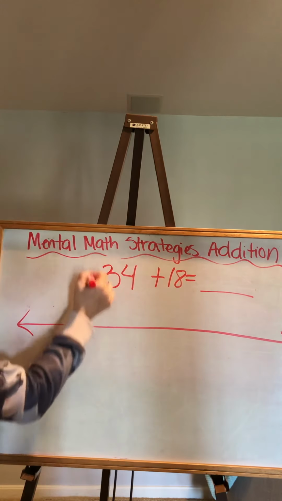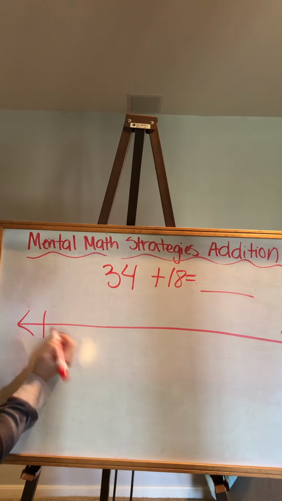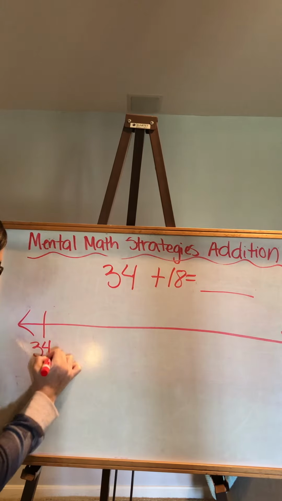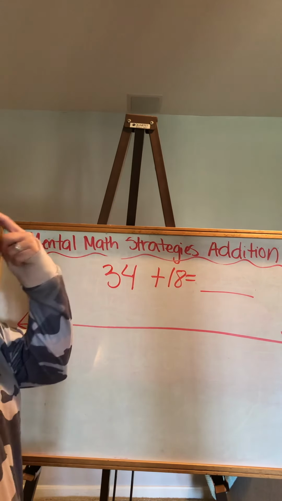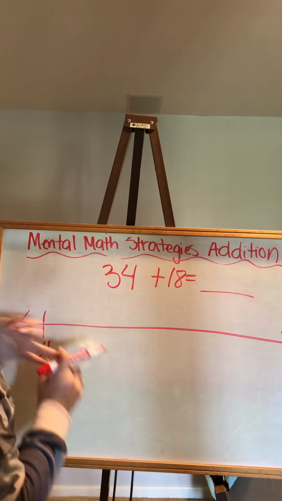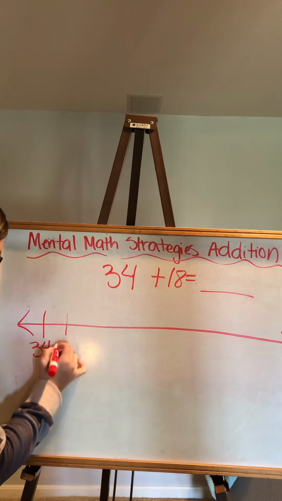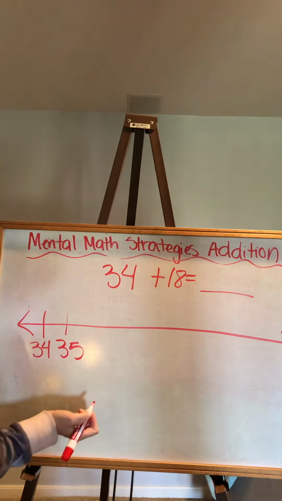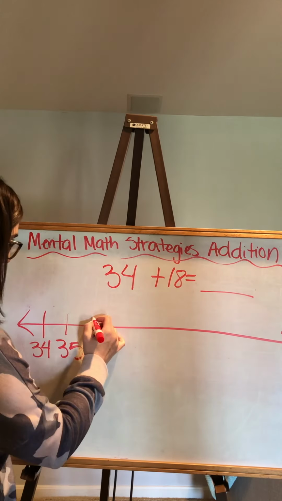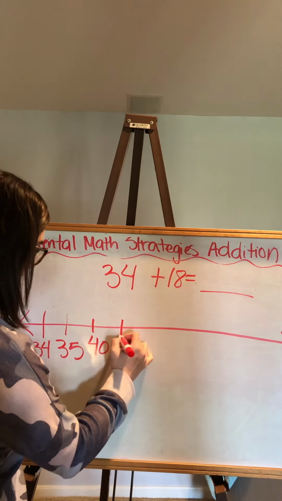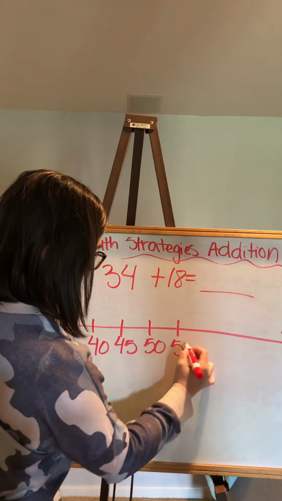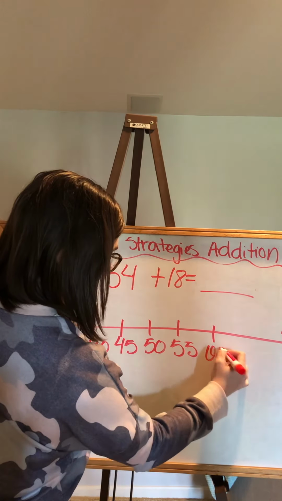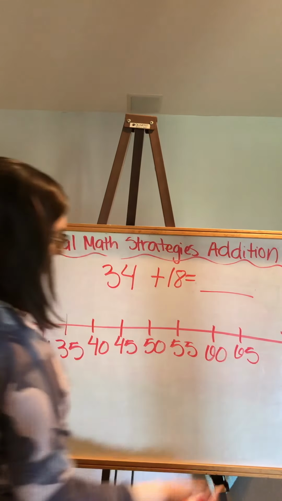So remember, we're always going to start with this number on our number line. So I'm going to put a line and write 34, okay? Now remember, when we're adding in our head, we want it to end with a 5 or a 0. So I'm going to put a 35 here, and then I'm going to count by 5s: 40, 45, 50, 55, 60, 65, okay?